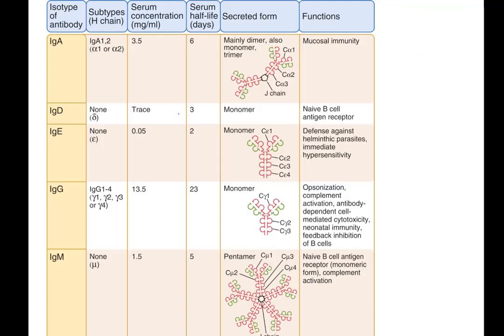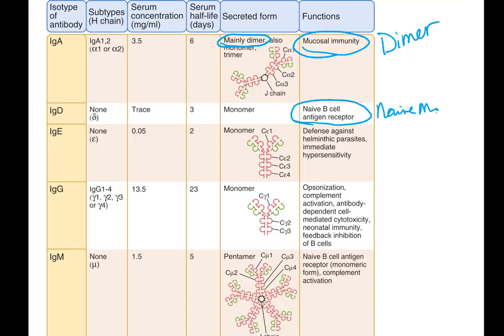We've got antibodies. So we're going to say in this class, IgA is a dimer. Okay? IgA is a dimer and it's supposed to be in the mucus. IgD is just a naive, mature BCR. If there's IgD present, by definition, it is a naive, mature B cell.